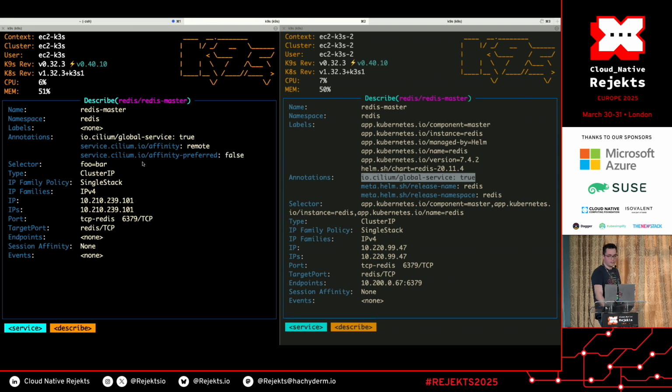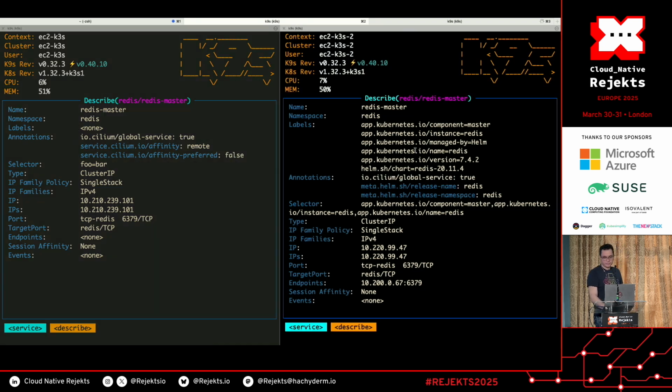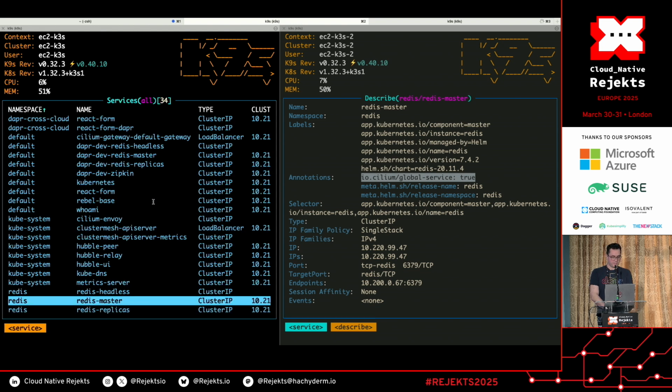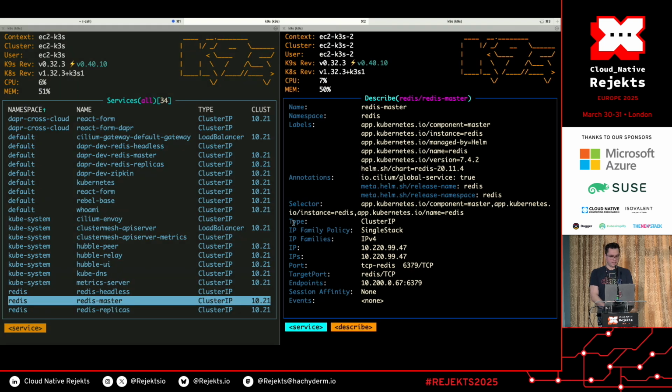So this one will always go to a Redis on a remote, while on the cluster where it actually has the Redis running, it only has the global service annotation. So traffic will always be forwarded in terms of Redis connections from this little shiny cluster to this little shiny cluster.